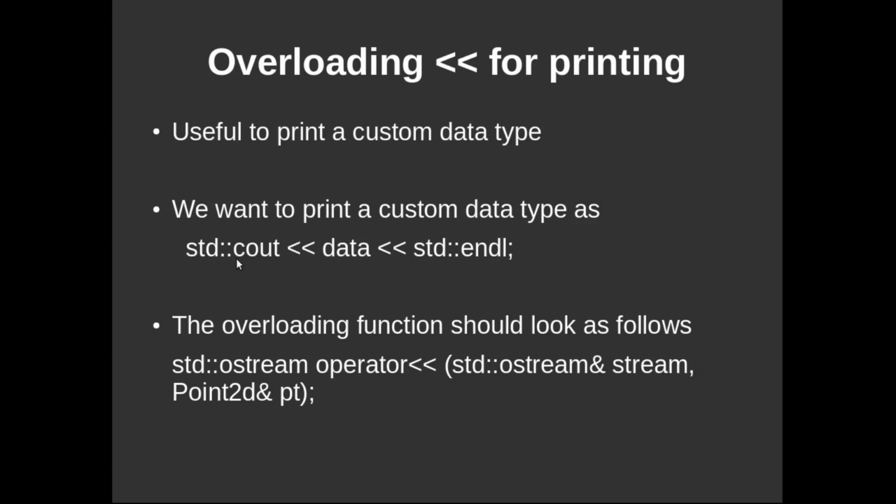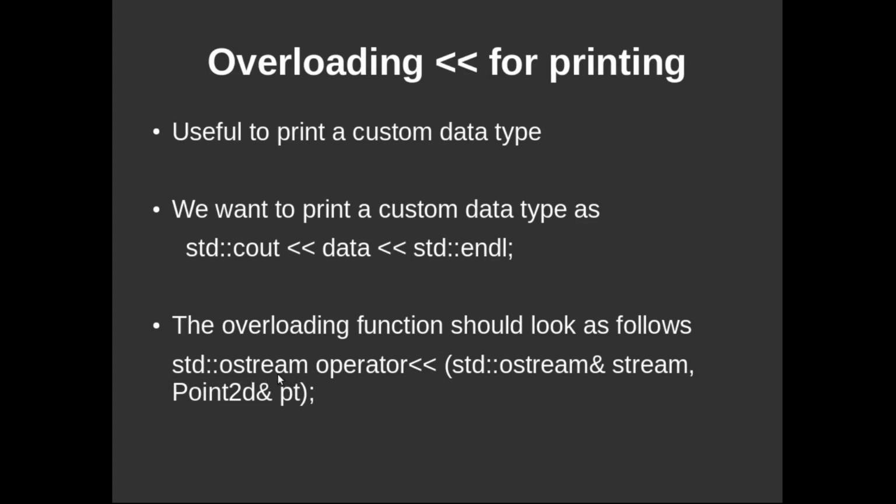In other words, what we want is that we have a custom data type, and data is the variable name of that custom data type that we have created, and we want to use cout to print the contents of this variable data, which is of custom data type. In that case, the overloading function signature for the left shift operator would look something like what is presented here.